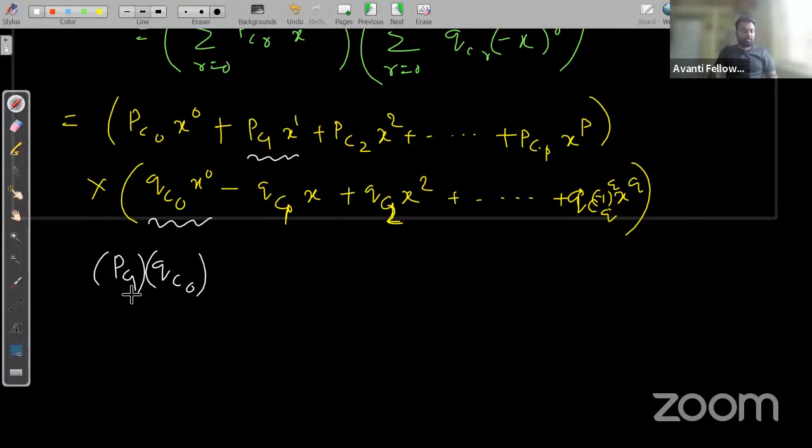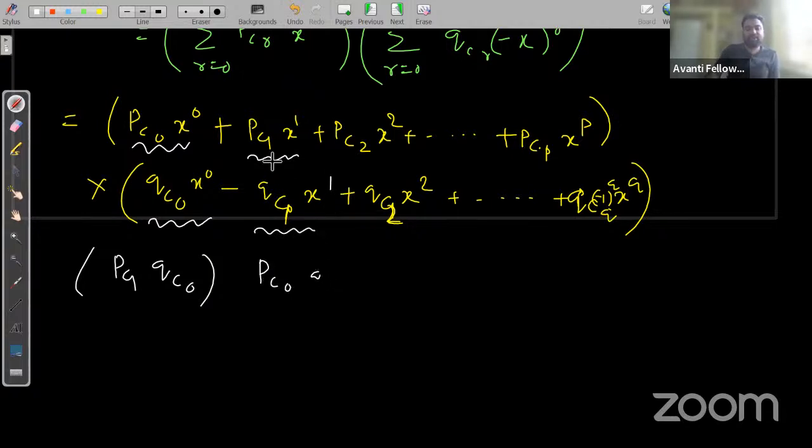Also x to the power 0 and x to the power 1 can be multiplied, that is pC0 into minus qC1.